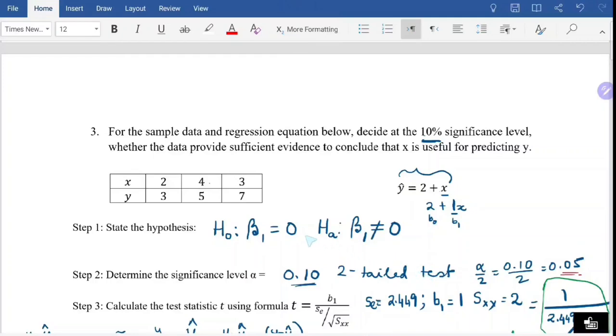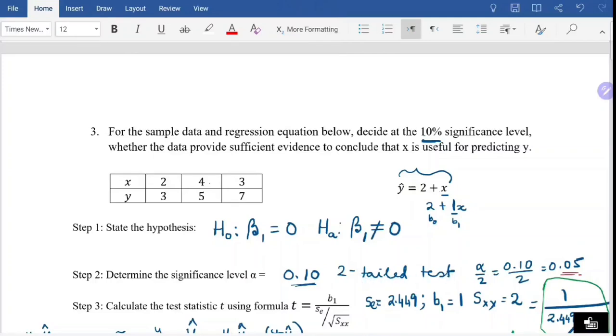All right. Step 2 is to determine the significance level alpha. Alpha is derived from our 10% significance level given in the question. So just change that to decimal. It's 0.10. And because the alternate hypothesis is not equal to, it becomes a two-tailed test.